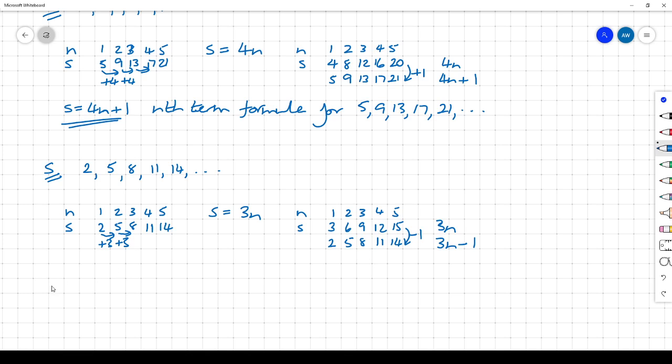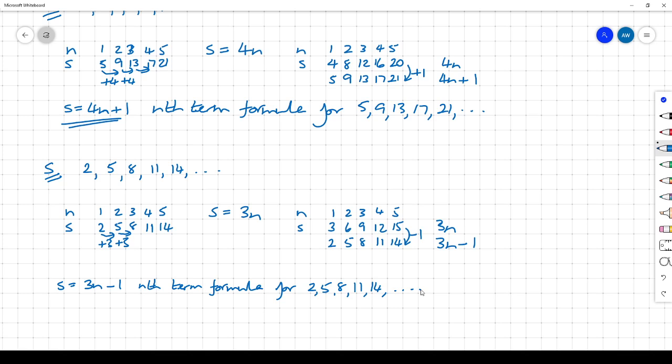So our formula is s equals 3n take away 1. And that's the nth term formula, for 2, 5, 8, 11, 14.